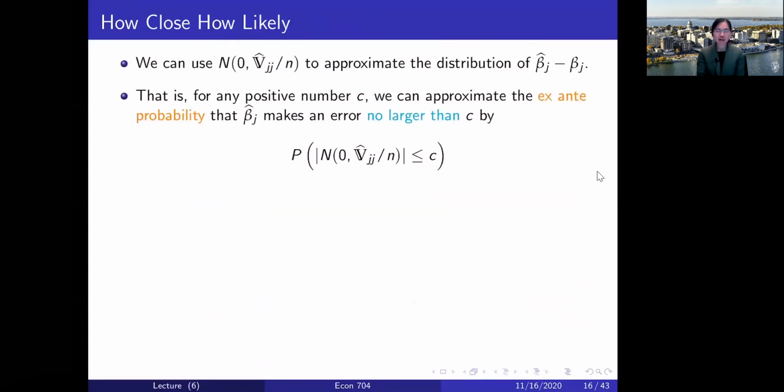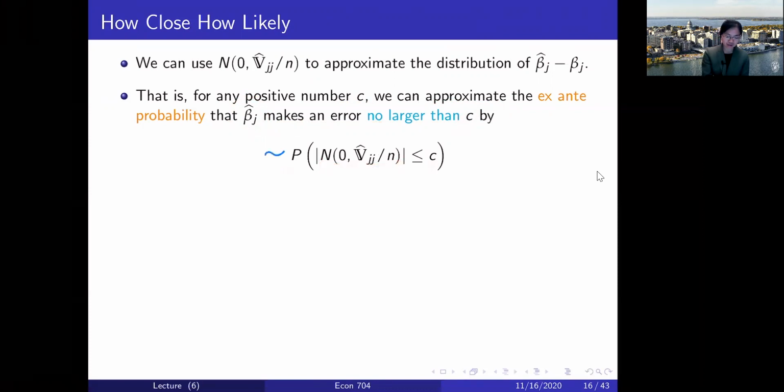Now, using this approximate distribution for beta hat, we can answer the following question. For example, what is the probability that beta hat makes an error no larger than C for some given positive number C? We can approximate that probability by the probability that this normal distribution is less than or equal to C in absolute value.